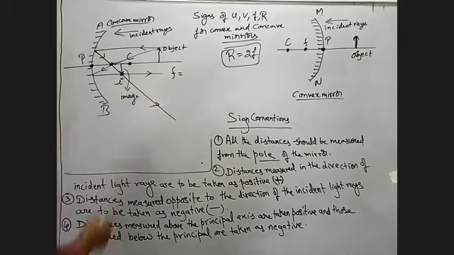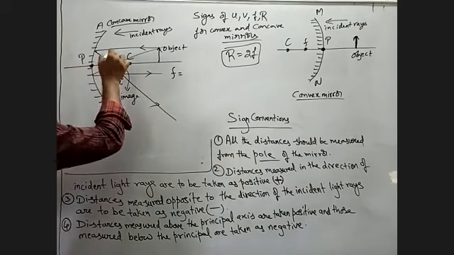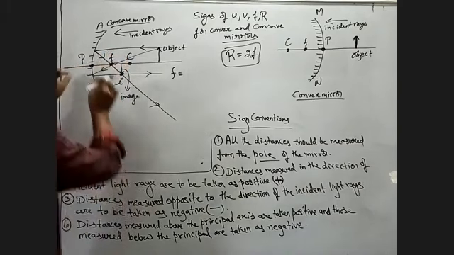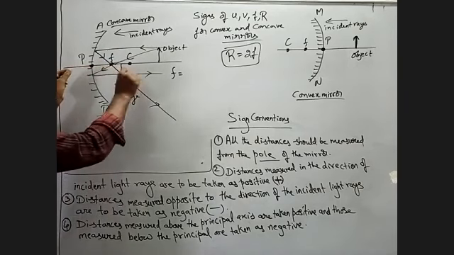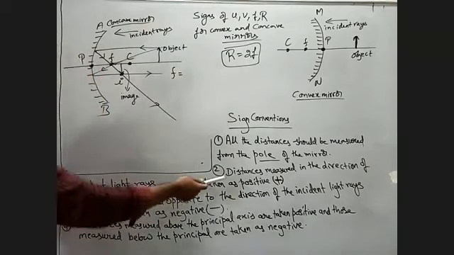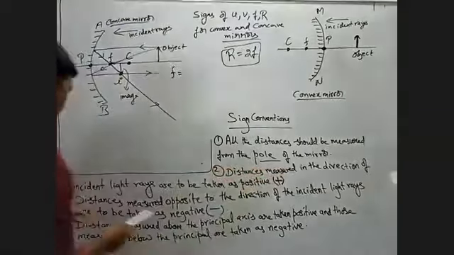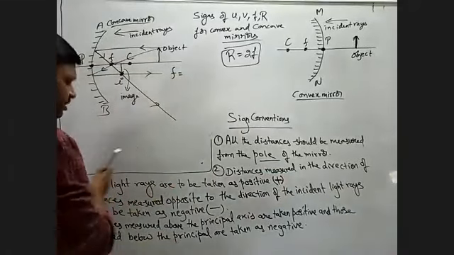Okay. So students, see here. Now first we are measuring the focus. So this is the focus. Now f we have to measure like this, from here. But the incident rays are like this. So as per the sign convention, distances measured in the direction of the incident light rays are taken as positive.